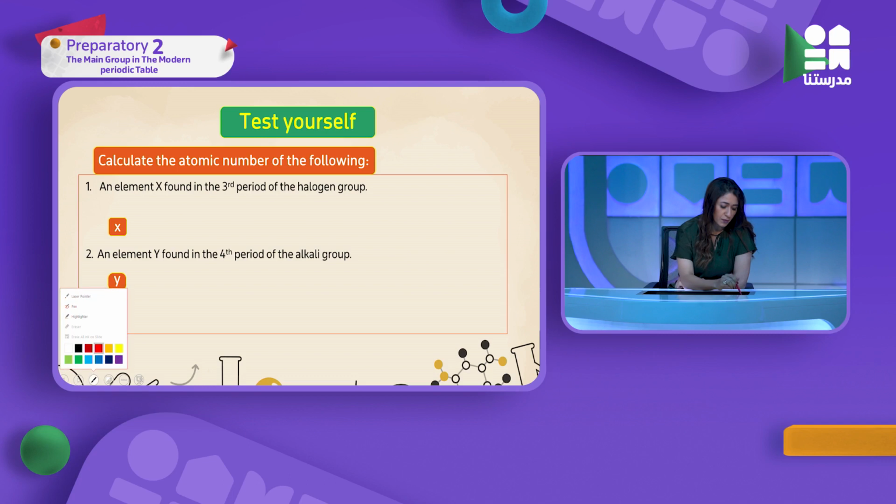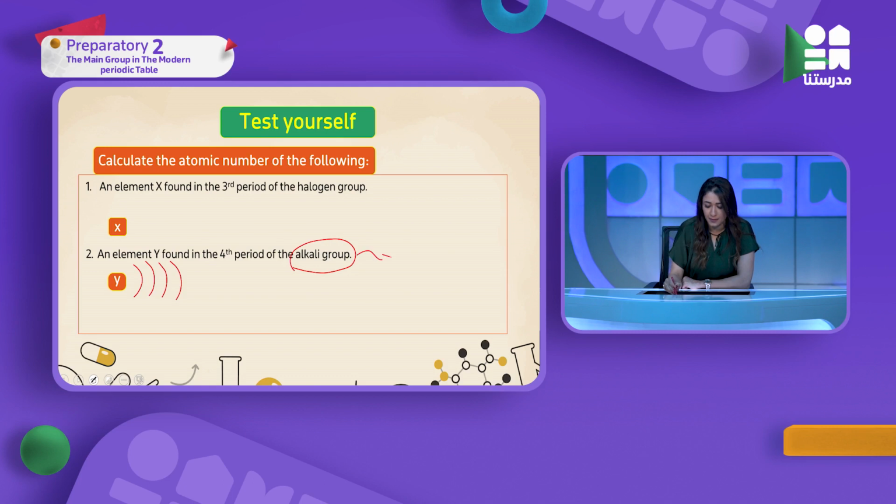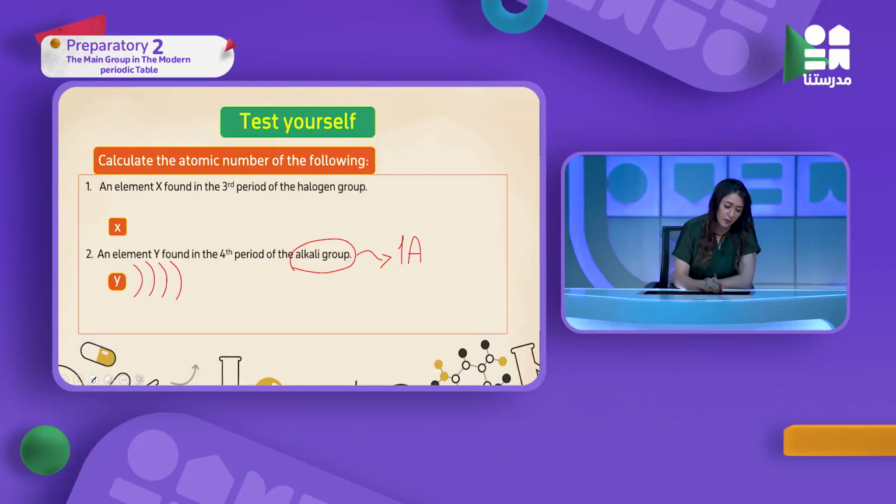And I will draw my energy levels first. ارسم الانرجي ليفل first. انا عندي كام energy level؟ 4. 1 2 3 4. طيب قال لي ايه كمان؟ قال لي موجود في الالكلاي جروبس. فاكرين الالكلاي جروبس؟ ده جروب 1A. وانا عارف ان الجروب represents the number of electrons found in the outermost energy level. طب ال1 دي احطها فين؟ في ال outermost energy level.